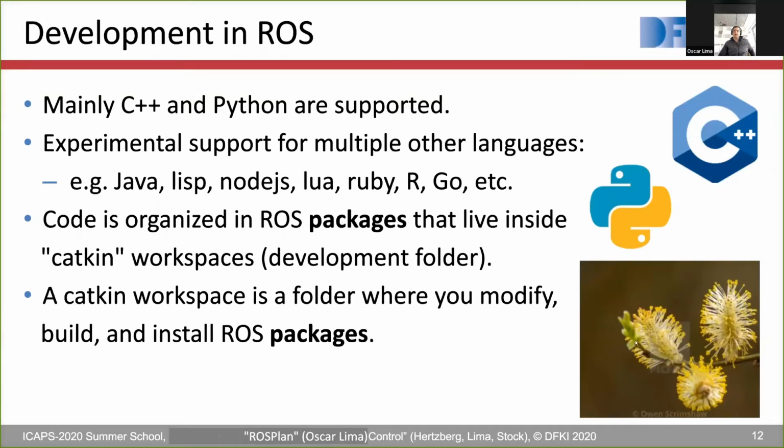I put here an image of the Catkin flower, and you can see it's some sort of tree structure. And this Catkin workspace is how you will organize your code. So you have the nodes, you have the packages, and you can have multiple packages that all live inside the Catkin workspace.